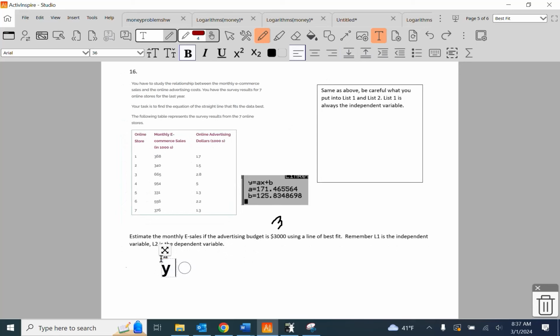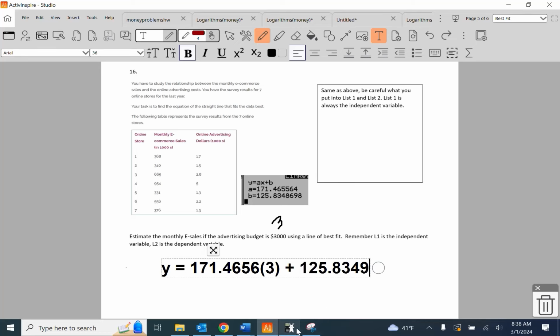So I'm just going to plug it in. I have 171.4656 times 3. I like to go out to 4 decimal places. Plus 125.8349.